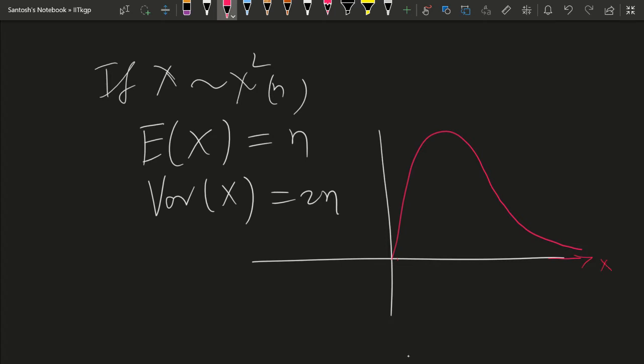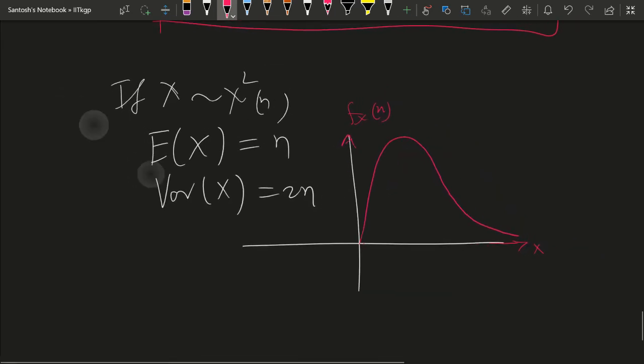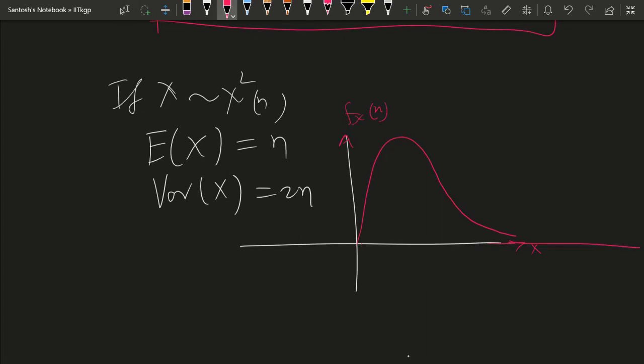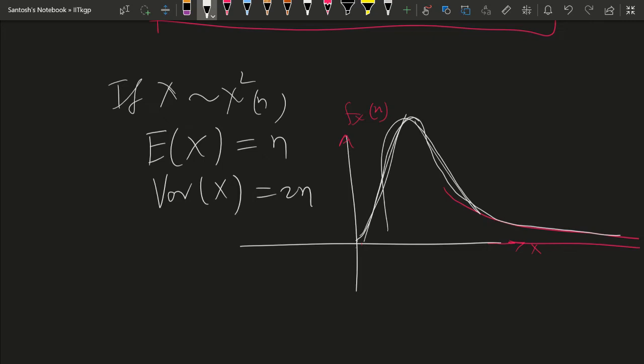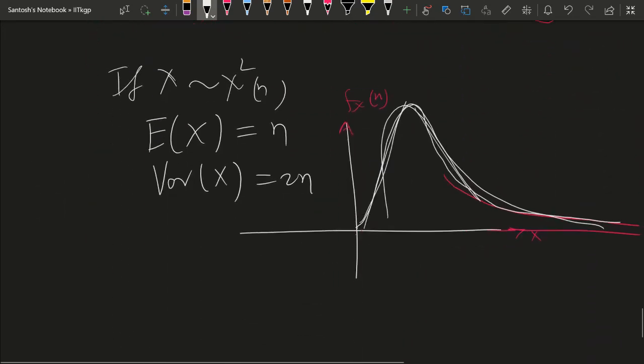So this is x, you can say, and here is the PDF. So it will go like this, roughly this way.